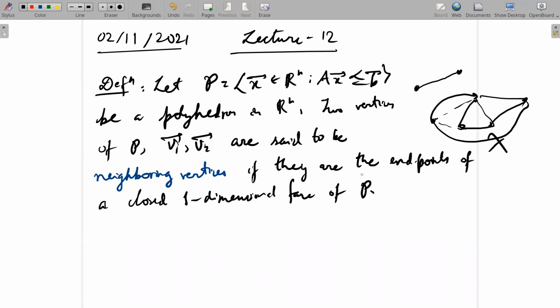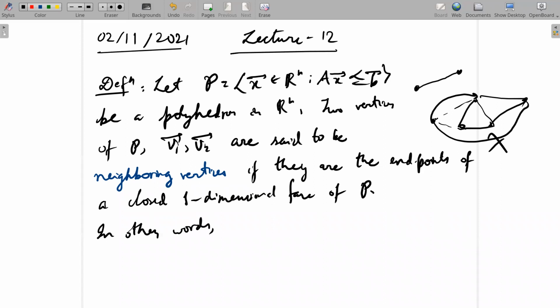And if we are thinking in terms of the matrix A and this vector b, we proved earlier that every vertex of P is determined by n linearly independent constraints where these inequalities are tight at that particular vertex.